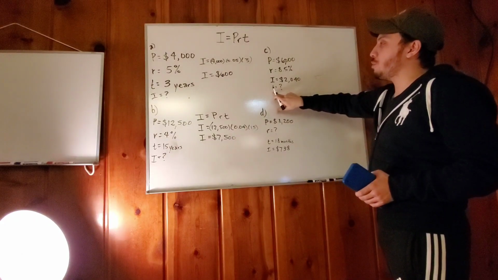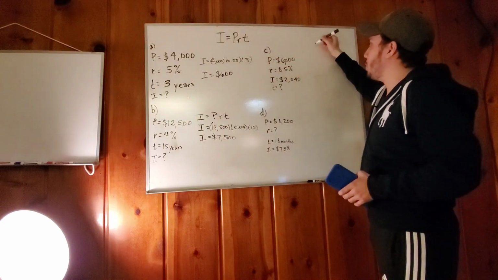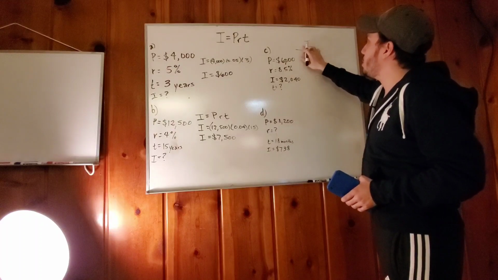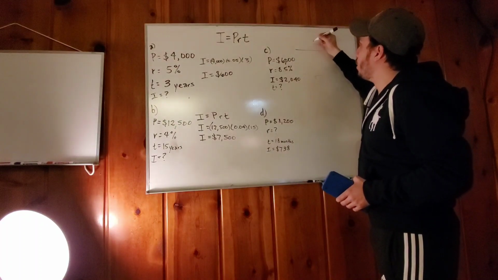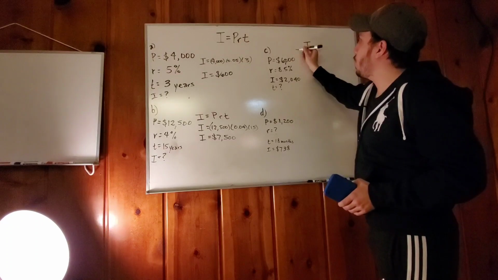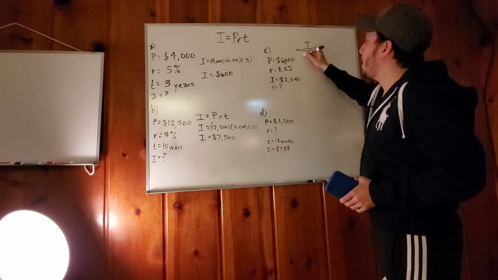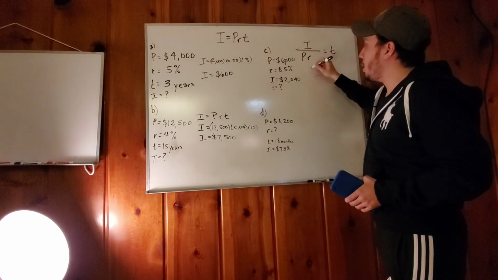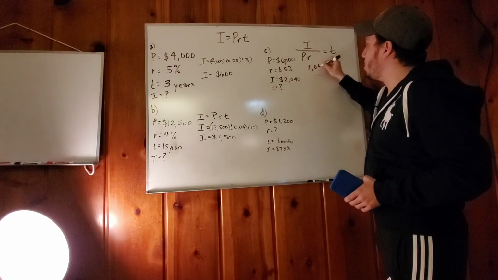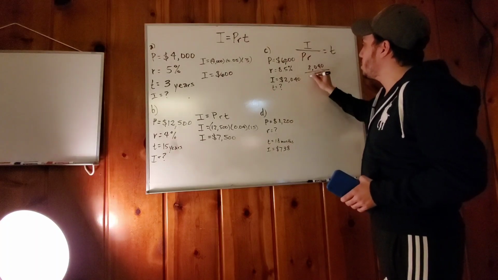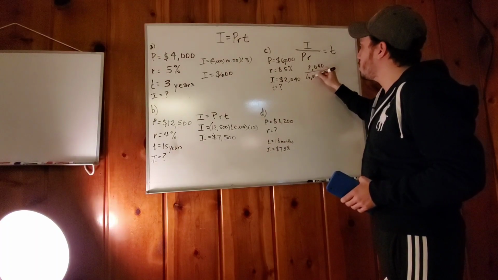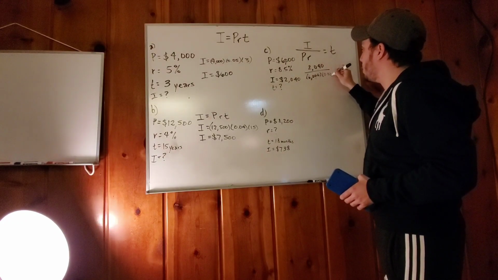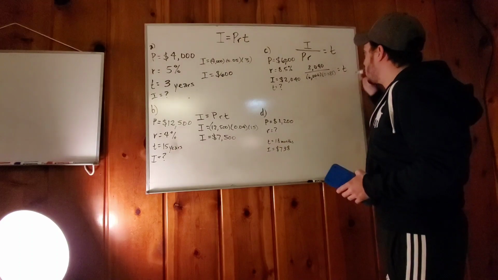So what you need to do is solve for t in that equation. I over P times R equals T. So I is 2040 divided by 6,000 divided by 8.5, which is 0.085, equals T, which is the time.